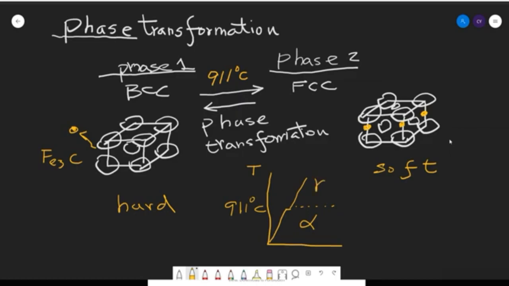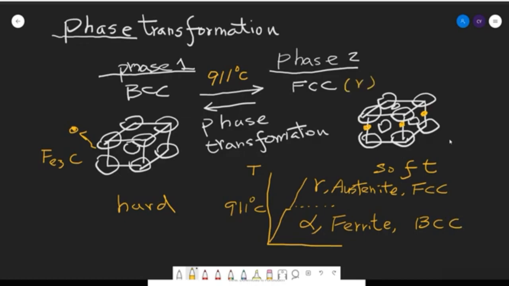Gamma is austenite, also FCC. And then ferrite, or BCC. So that means it's all the same.